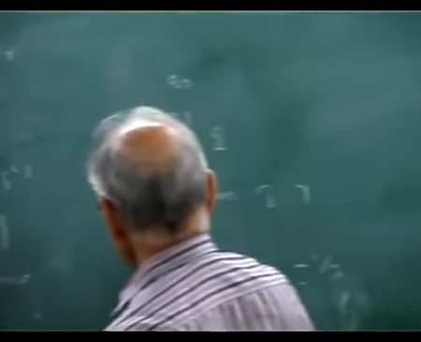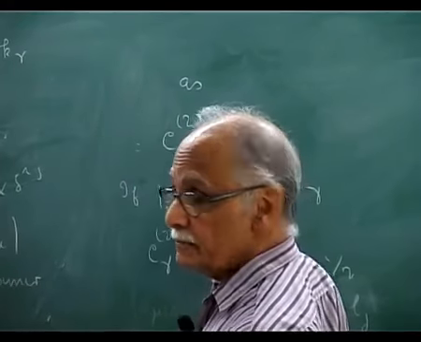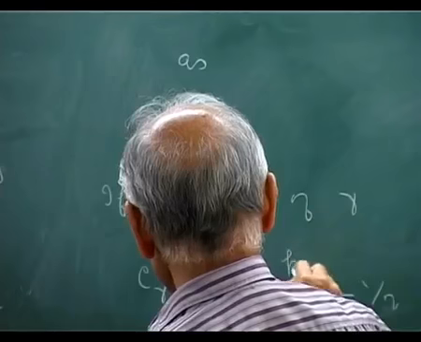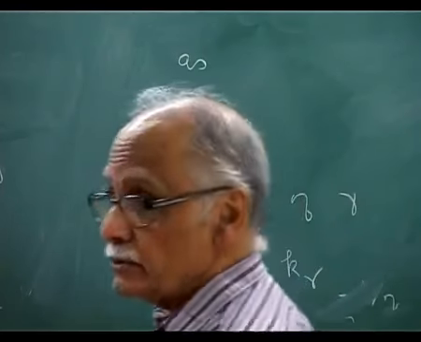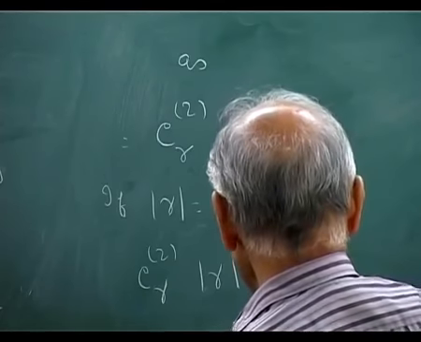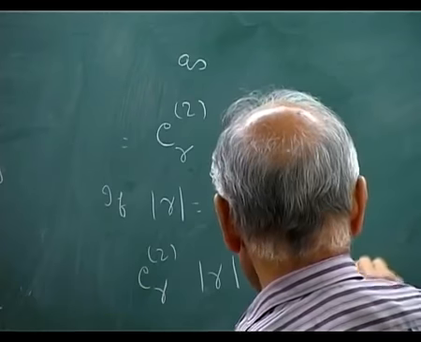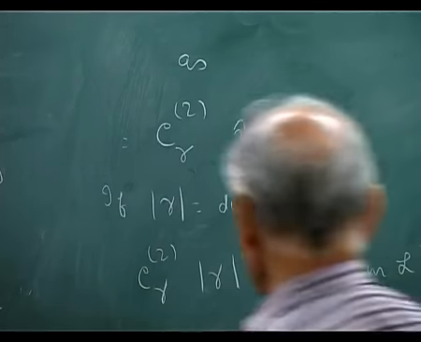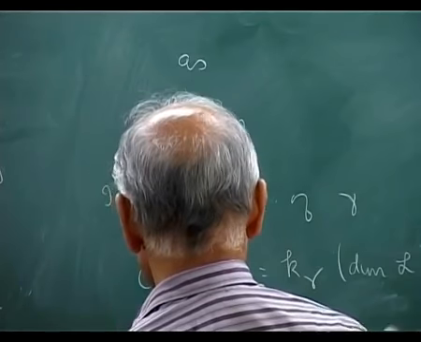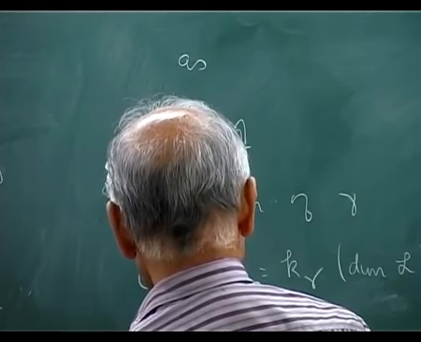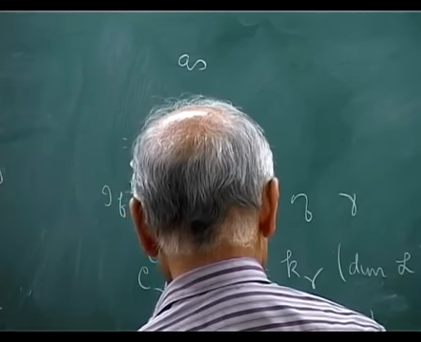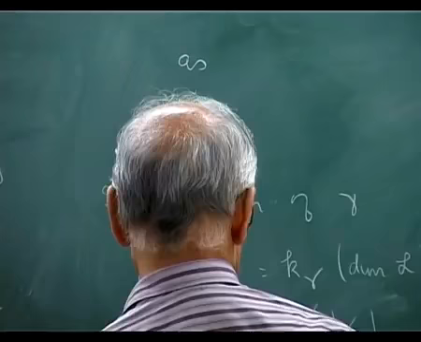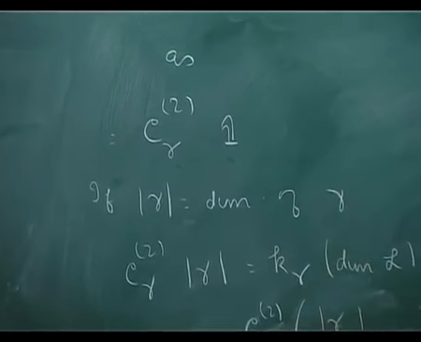The left hand side is C2 gamma times d gamma, equal to the right hand side, which is k gamma times, since I am summing over i and j, the dimension of the Lie group, times dimension of L. So we know what is k gamma: the quadratic Casimir in the representation gamma, times d gamma, divided by the dimension of the Lie algebra or the Lie group, whatever. So the normalization is fixed.